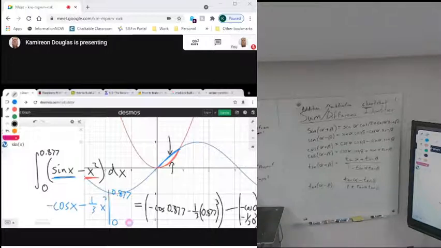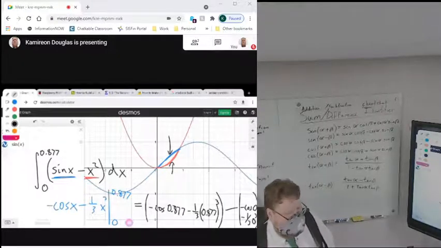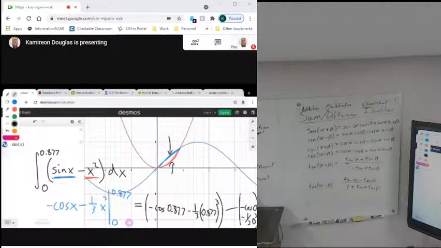You're only off by a little. 0.135. This area is equal to 0.135 units squared, whatever it happens to be. That's it.